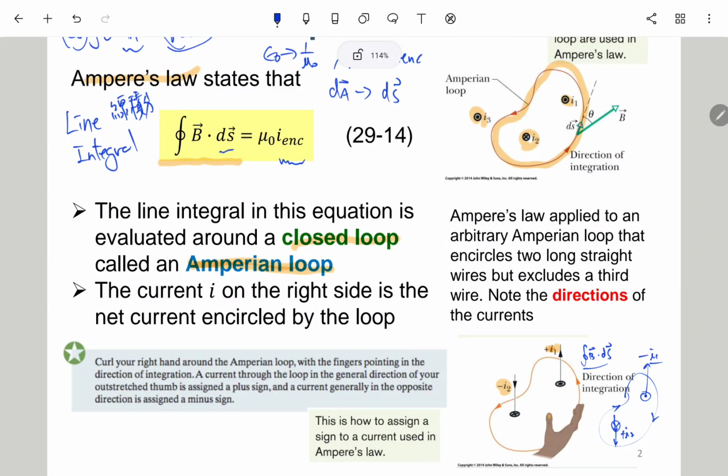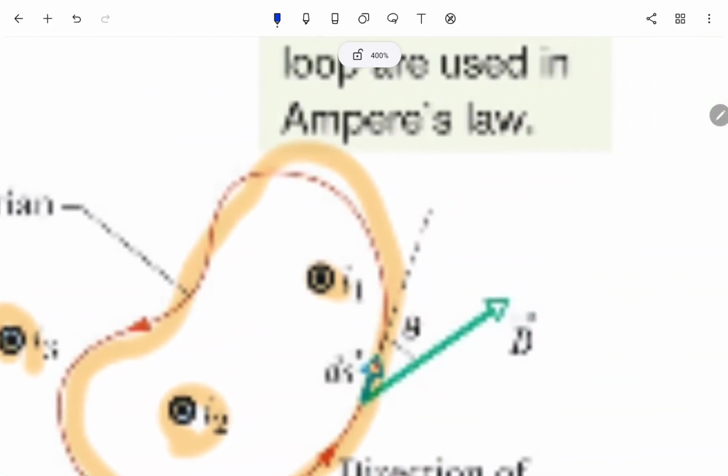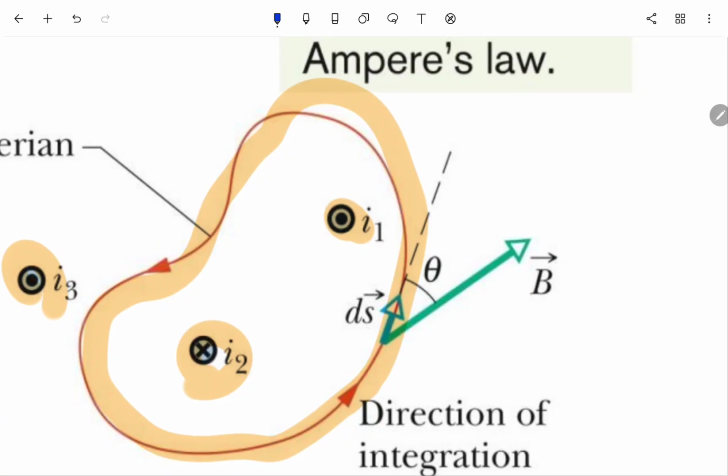Another point is how to understand this line integral. Suppose we define the loop like this, and we cut the loop into many segments. Let's say this one is ds. ds is the tangent line to that loop, and it follows the direction of the current.